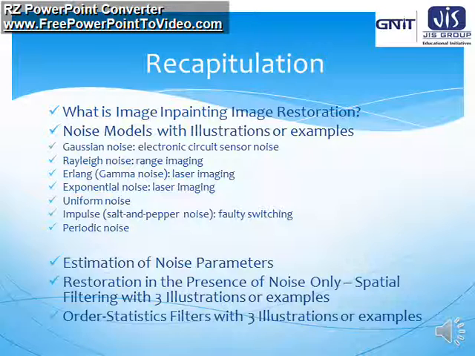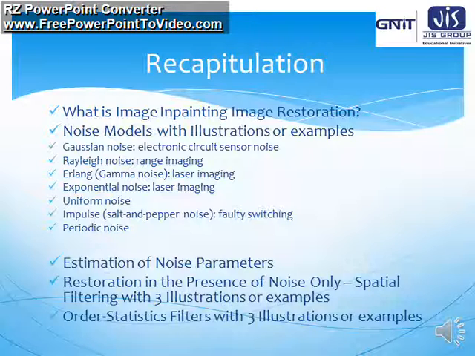Among them we have covered Gaussian noise, which arises from electronic circuit and sensor noise. Then we have studied Rayleigh noise, which is generated through range imaging. Then Erlang, also known as gamma noise, which can be generated by laser imaging.